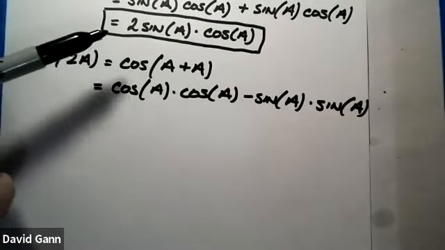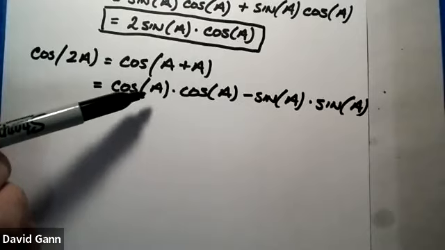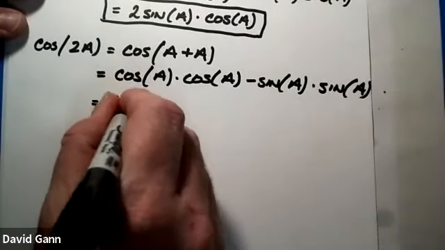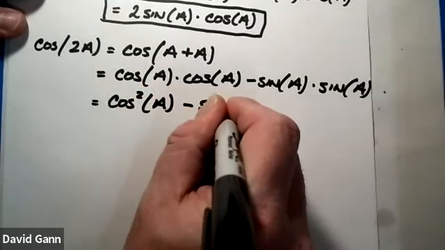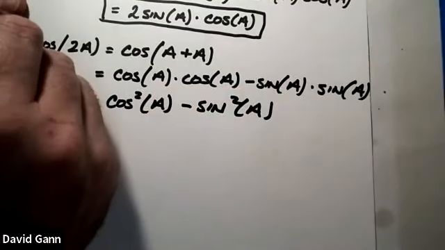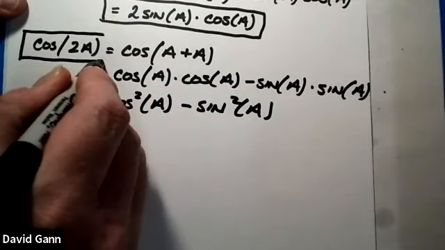Now, in each one of those cases, the first angle is the second angle. And notice this doesn't result in a coefficient coming out, but these are the same term, and so we'll write them as a difference of squares. So this is cosine squared of A minus sine squared of A. And this is the so-called first version of the double angle for cosine.